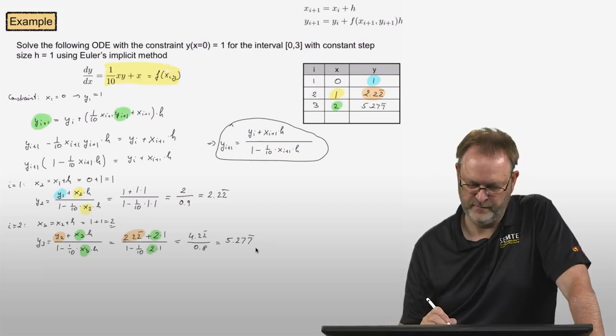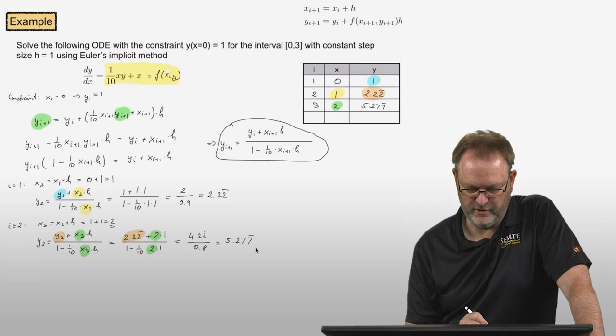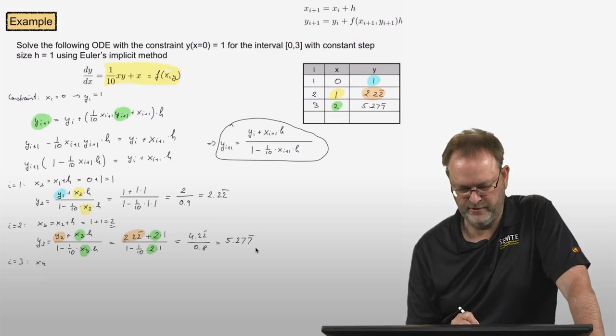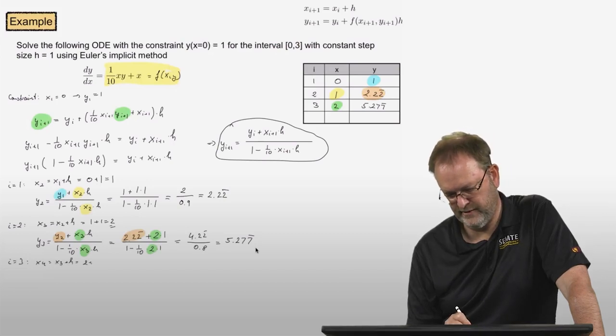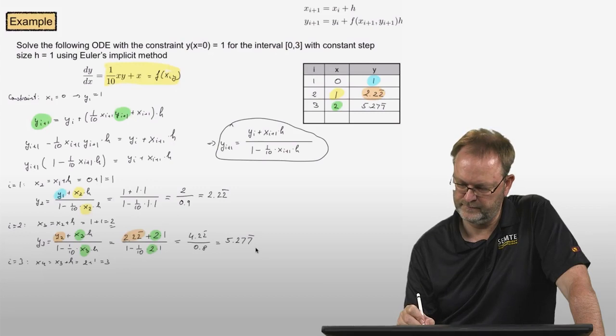And then finally, for i equal to 3, we have x4 is equal to x3 plus h. That's 2 plus 1, that's equal to 3. That's i equal to 4.